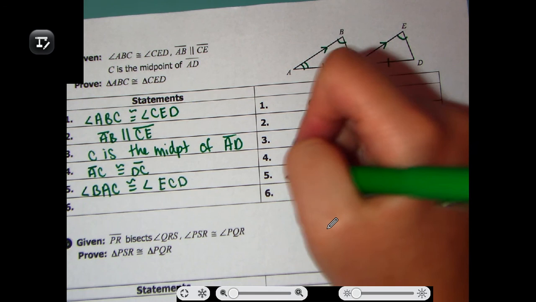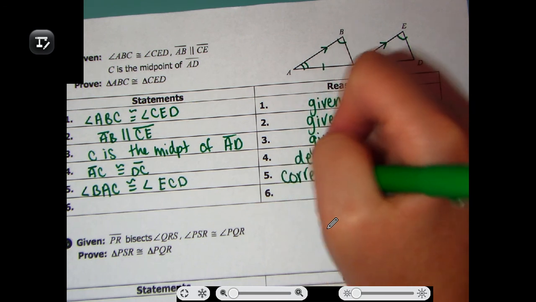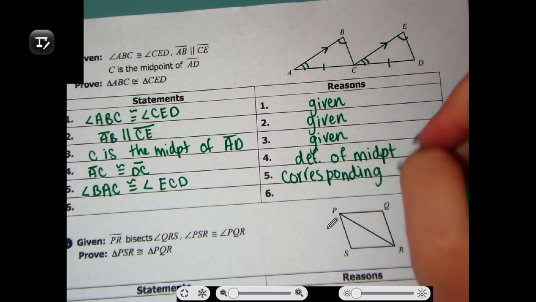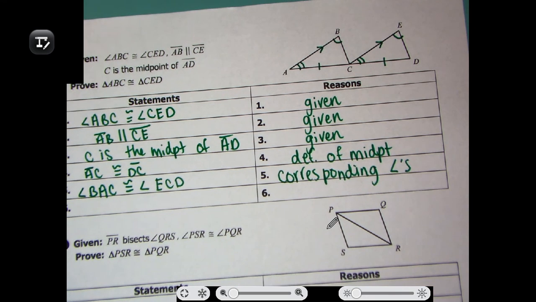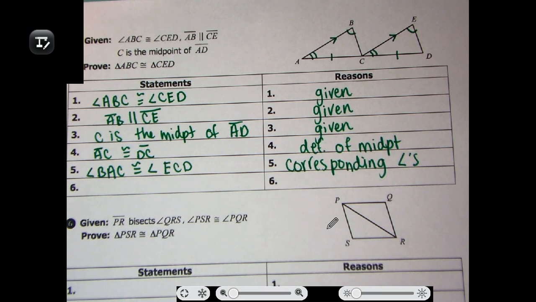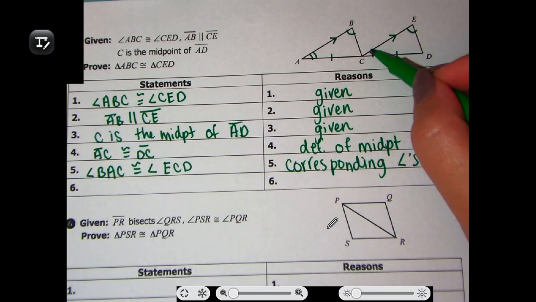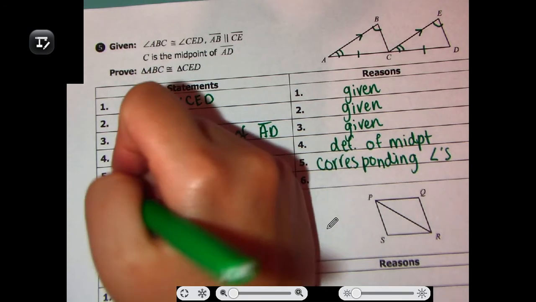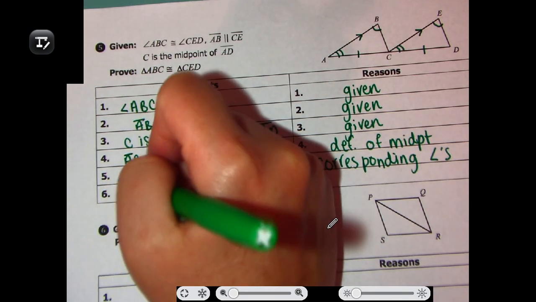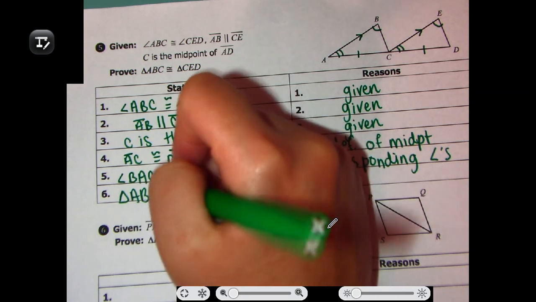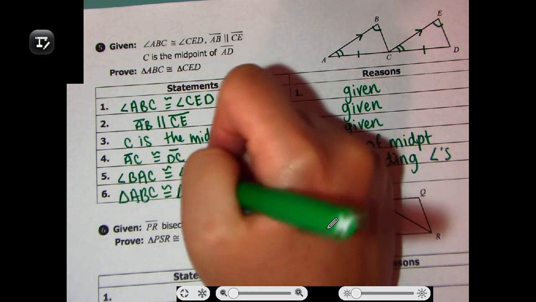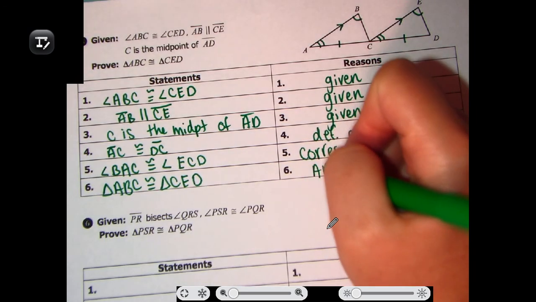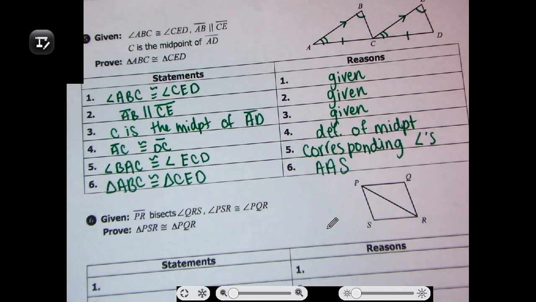And I know that because they're corresponding angles. All right, and then finally, because I have angle, angle, side, I can say that triangle ABC is congruent to triangle CED because of angle, angle, side.